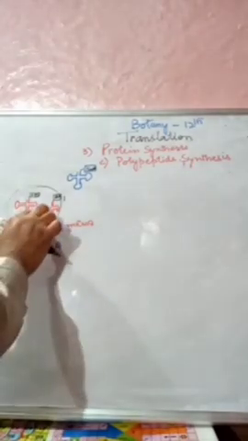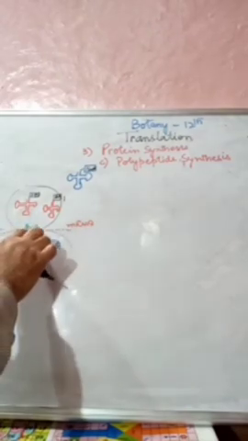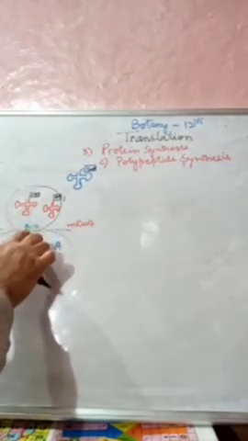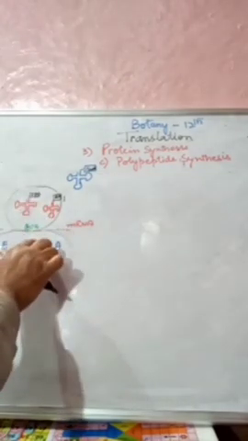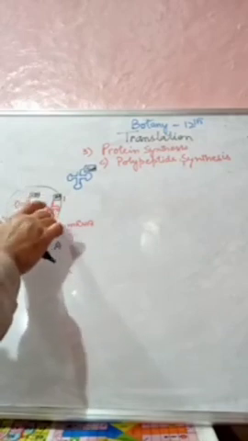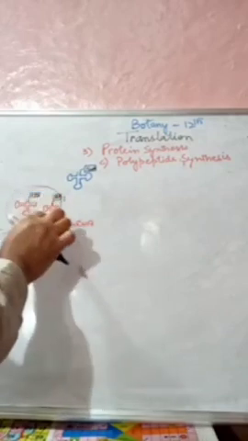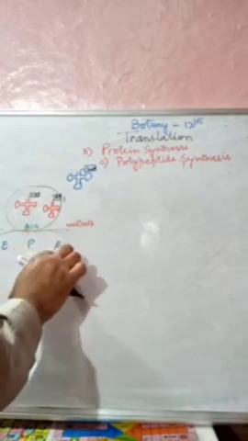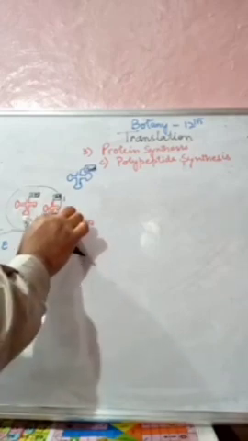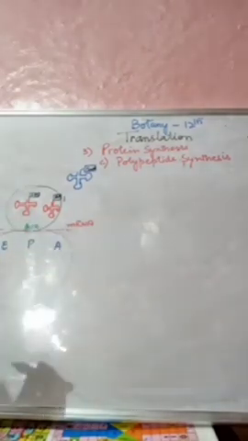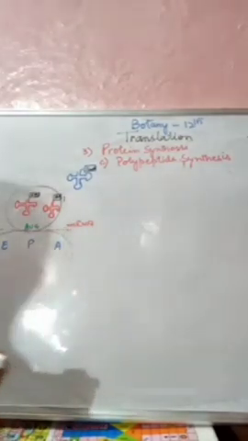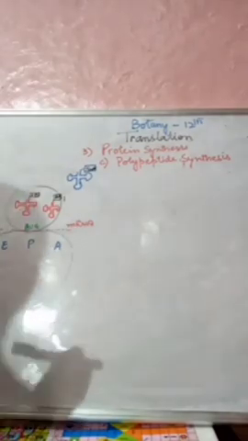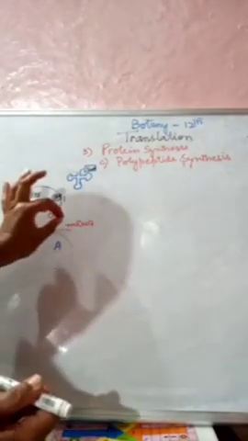The first tRNA which had read the code AUG for F-Met can come and bind at site P. The other tRNA, which read the code at site A, can come and bind at site A. So what we will see now is that this ribosome moves on this mRNA.